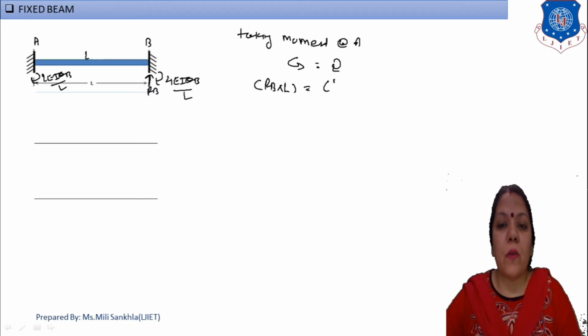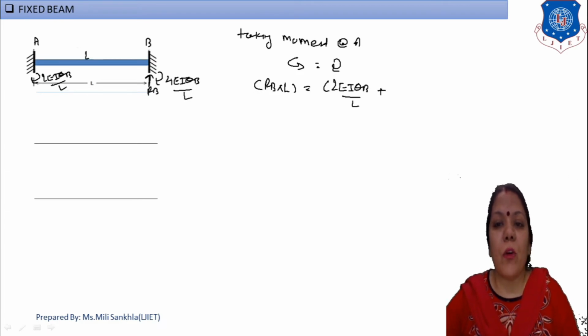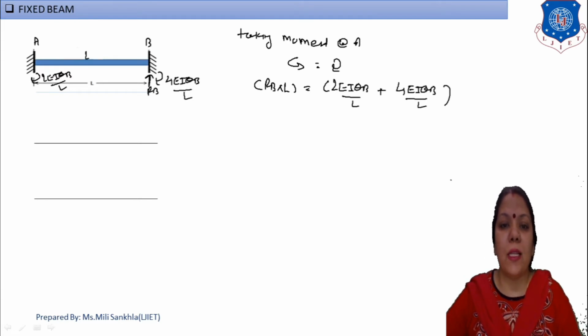The first moment is 2EI theta B by L plus the second moment 4EI theta B by L. Now the answer: RB is equal to 6EI theta B by L square.